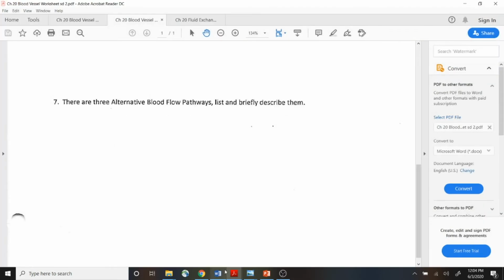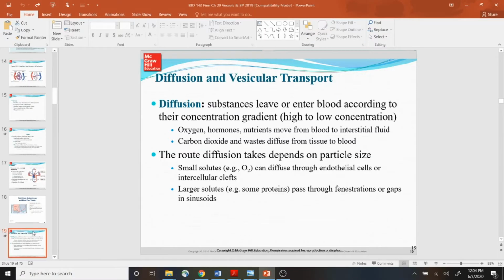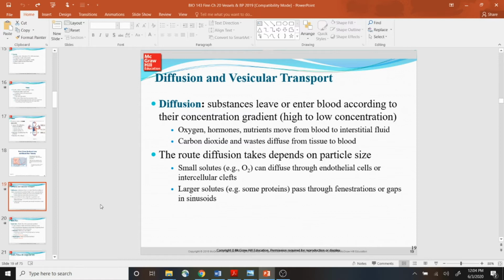All right, so let's do this. We've basically gone through the basics of the anatomy of blood vessels, of arteries and veins. And now we're going to get into the physiological portion of this chapter.